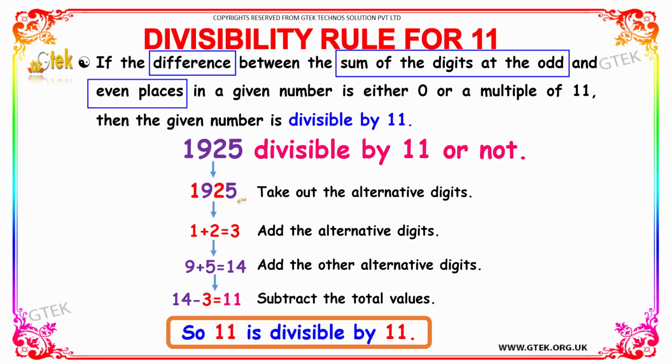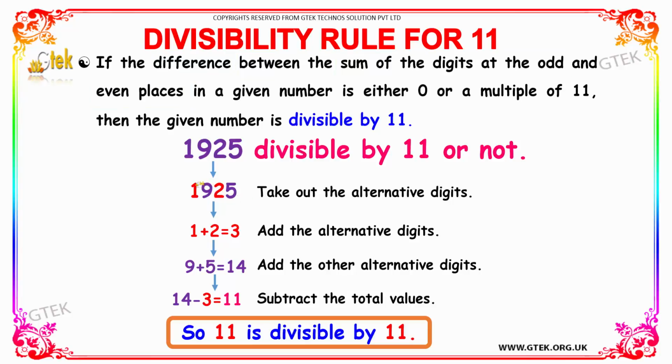At odd places we have the digits 1 and 2, so their sum is 1 plus 2, which is equal to 3. And the digits at even places are 9 and 5, so the sum of those digits is 9 plus 5, which is equal to 14.